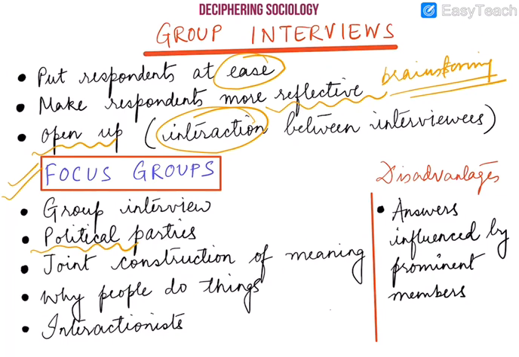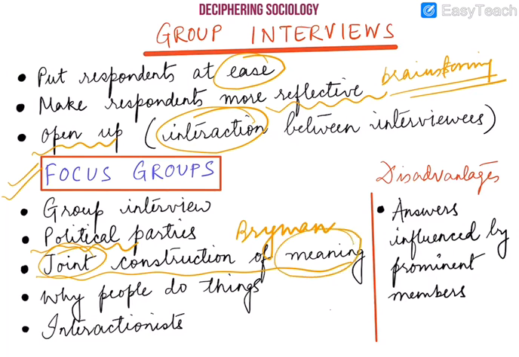Here, according to Bryman, they emphasize the joint construction of meaning because they are doing it in a group. So, how does a group construct meaning?